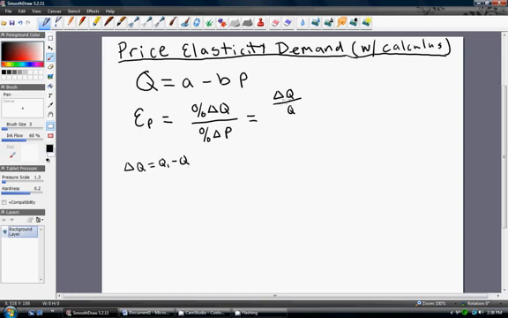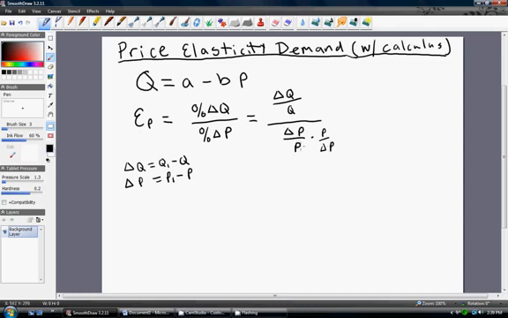So we have the percentage change in quantity, all of this, divided by the percentage change in price, and the shorthand notation for that will look like this. Here again, the delta P, or change in P, is P1 minus P. Now we could simplify this a little bit, make it a little more attractive, by doing the following.